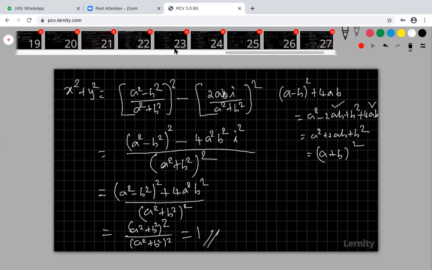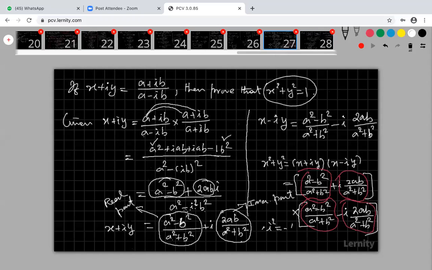My x minus y, look at that, my dear student, is just a conjugate. This is x plus y, this x is the real part, this is the imaginary part. For x minus y, where there is plus here it is minus, that's all. That is a conjugate. Conjugate is very simple.